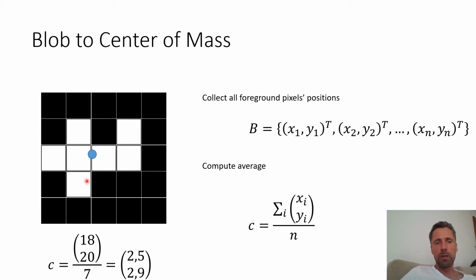So 1, then 3 times 2, 3 and 2 times 4, which should be 18, divided by 7 is 2.5, and the y positions are 2, 2, then 4 times 3, and 1, 4, which sums up to 20, and then divided by 7 should be 2.9. And that blue dot here represents the center of mass of this blob.